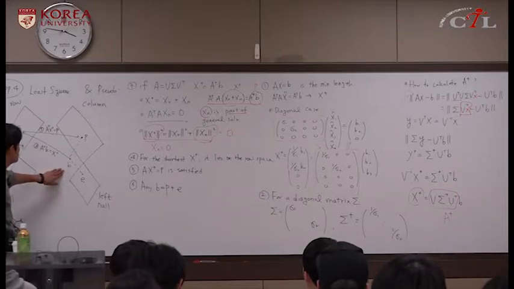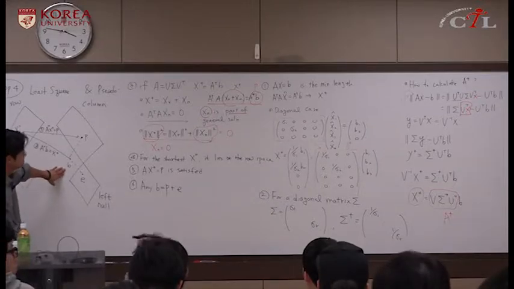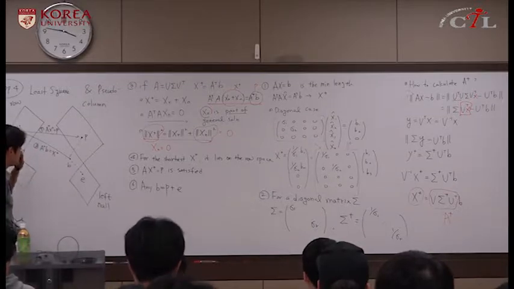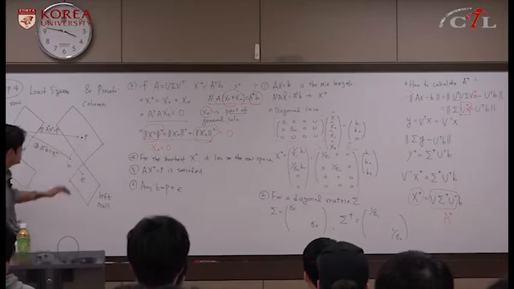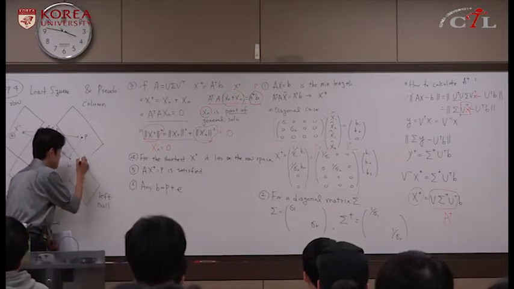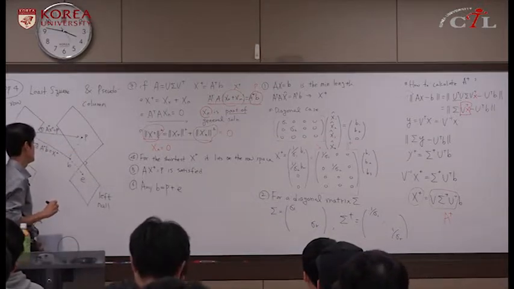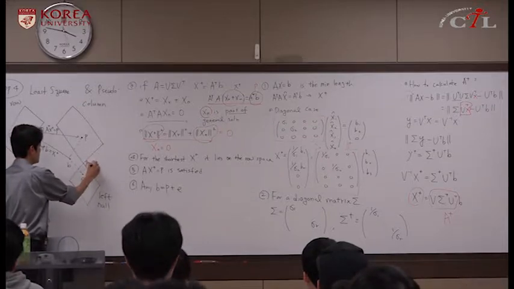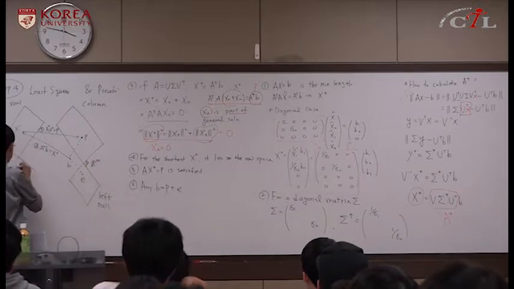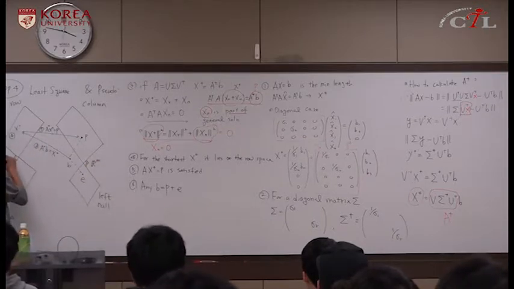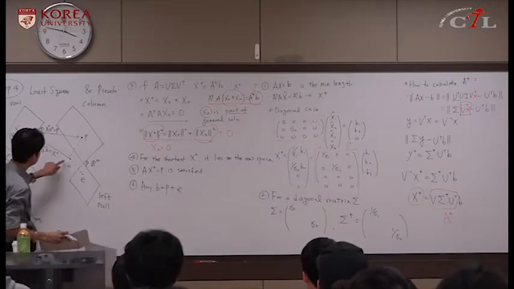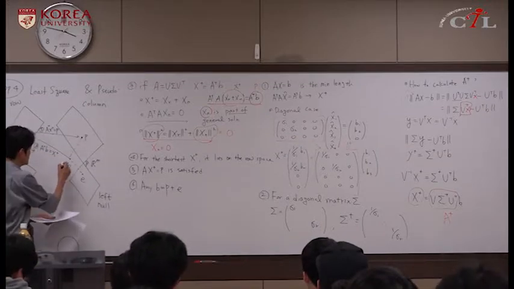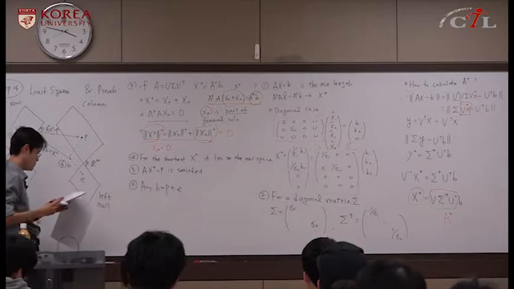So for arbitrary B, and in this case, because there are multiple solutions, B is on here, and because they are mutually orthogonal, they are orthogonal complements in Rm. They are mutually orthogonal complements in Rn. So B should be linear combination of P plus E. So this is 6. B is linear combination P plus E.